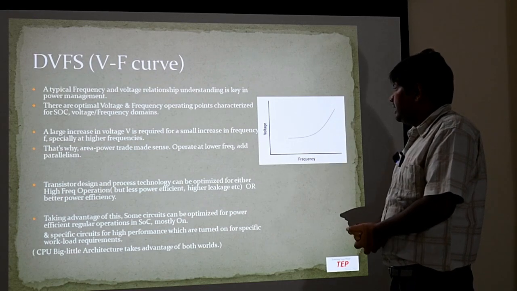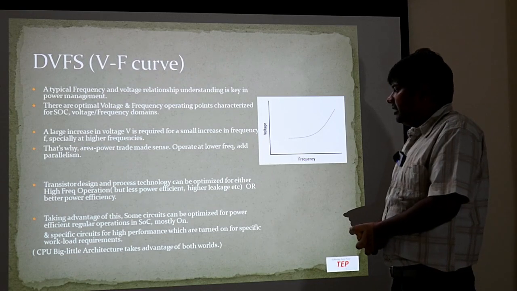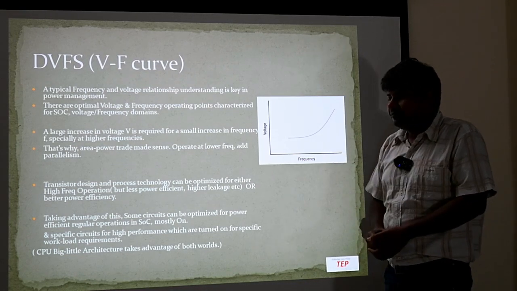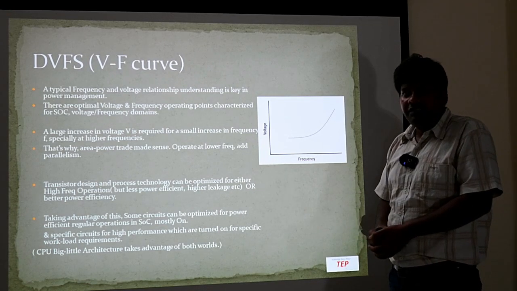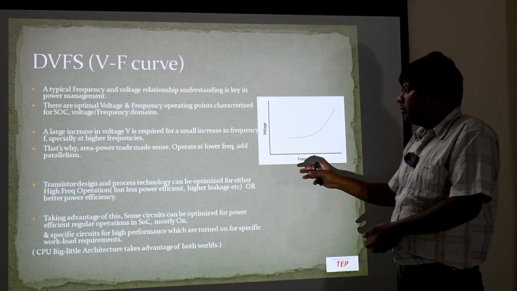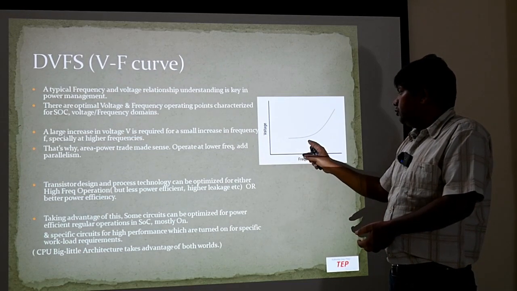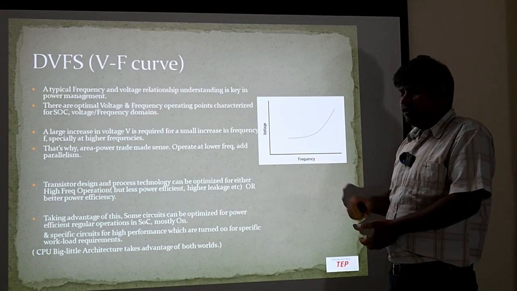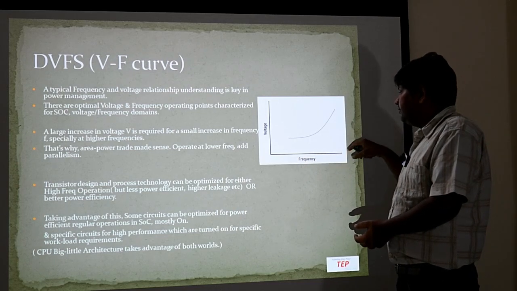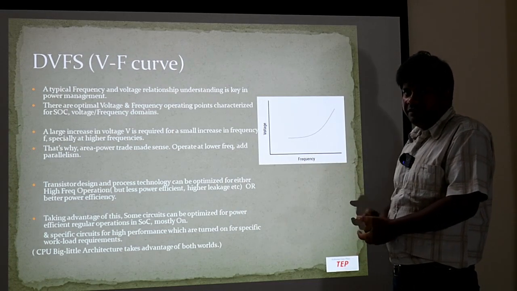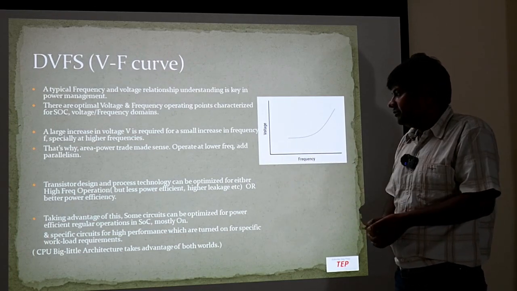So there is an exponential rise in the voltage as the frequency increases on this side, and that is the reason we make use of big-little, where we optimize one set of CPU cluster for the lower frequency of operation, which is more power efficient, while the other cluster operates on the higher frequency side, which is not so power efficient. So this is just correlating the fact that we already discussed with the VF curve over here.